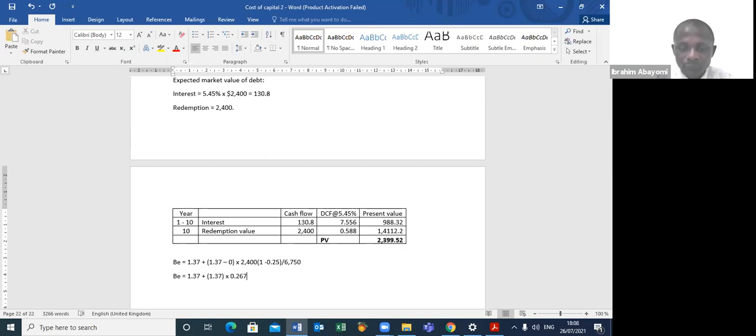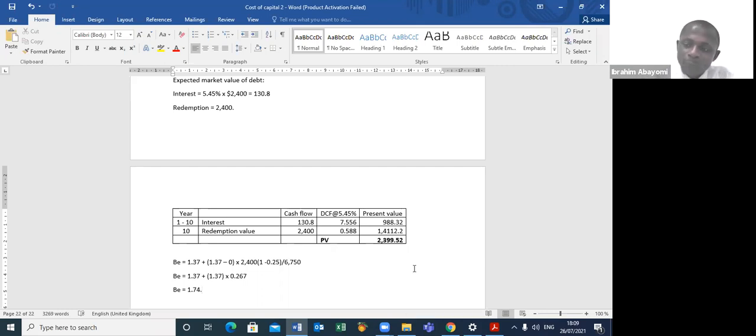So beta of equity will be equal to 0.267 times 1.37 plus 1.37. That is 1.74. 1.74 is my beta of equity.